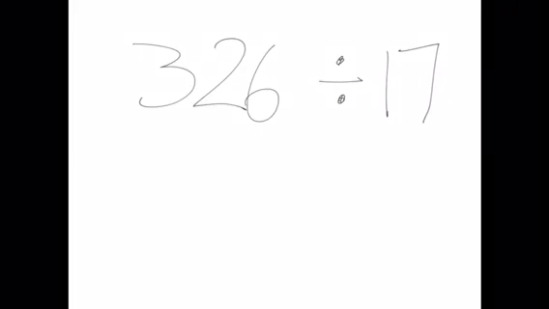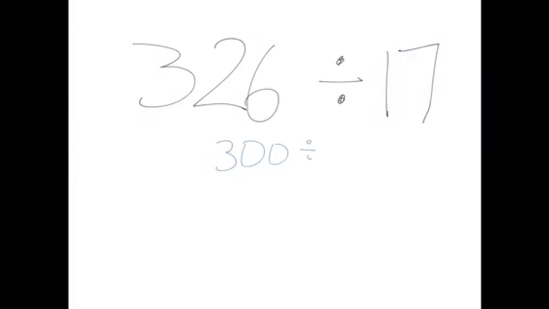Looking at our first problem, 326 divided by 17. I need to change either one or both of these numbers so that I can come up with a mental estimate to divide. The first one I'm going to try is 300 divided by, well, I need something. So I changed this to a simple 300 to make my math easier.